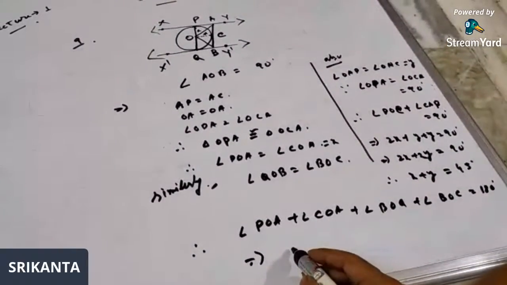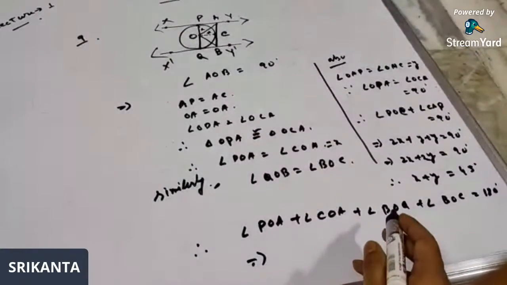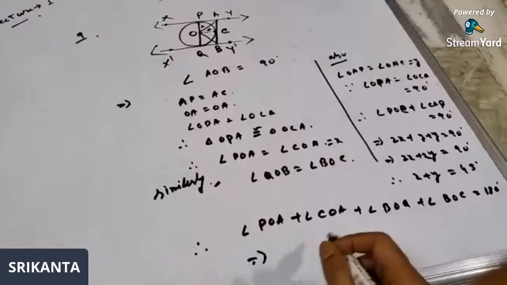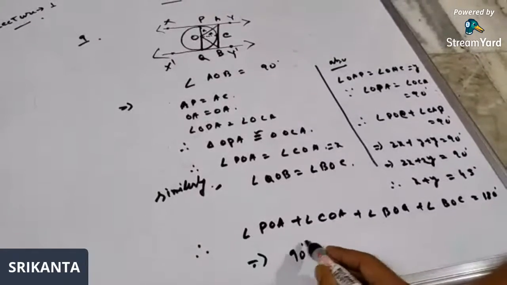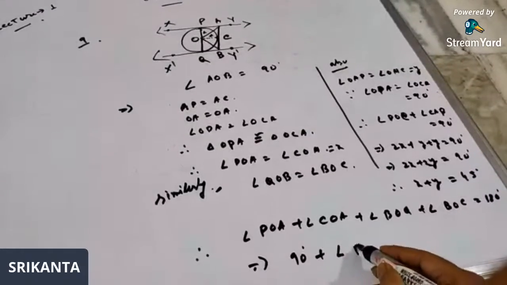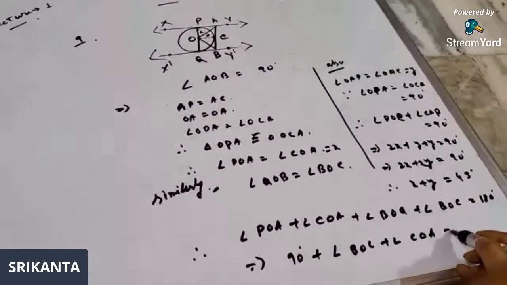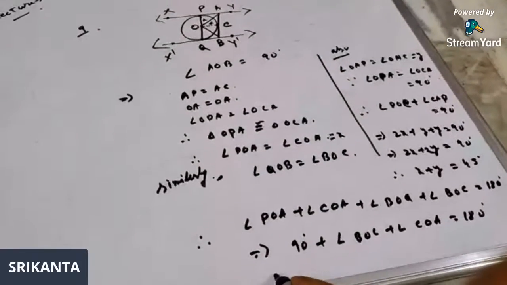Implies now their sum x plus y becomes 45, right? So this becomes 90 degree plus angle BOC plus angle COA is equal to 180 degree.